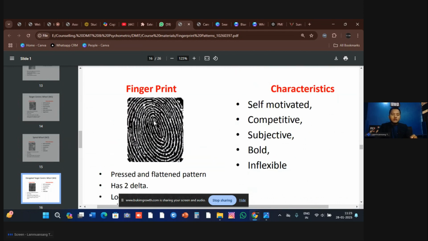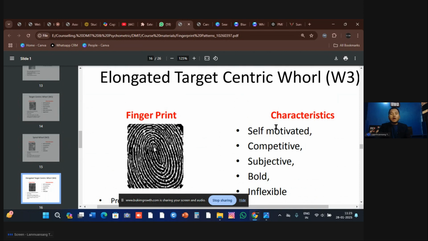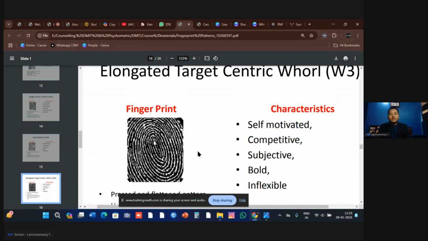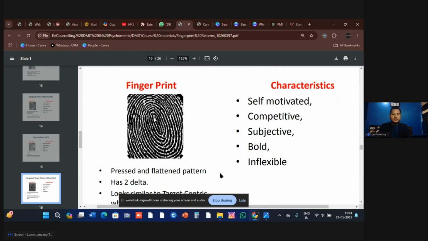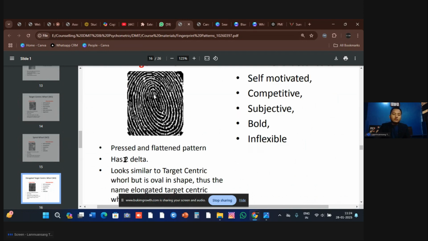If it is a small circle, complete circle, that means this is W1, but this one is a big circle, right? Big circle. Circle means not exactly a whole circle, but a complete rotation. This is W3. These are self-motivated, competitive, subjective, bold, and inflexible. This also will have two delta.